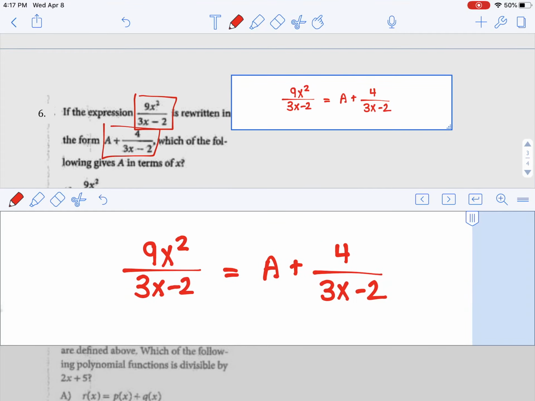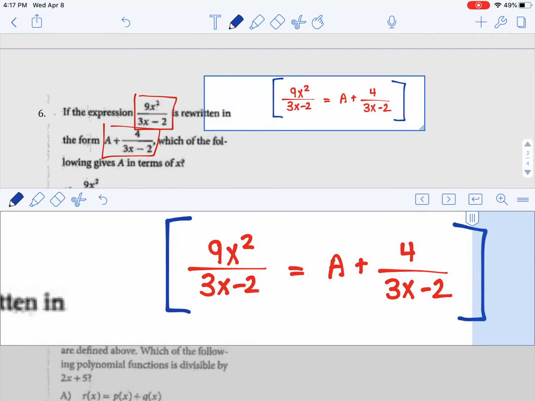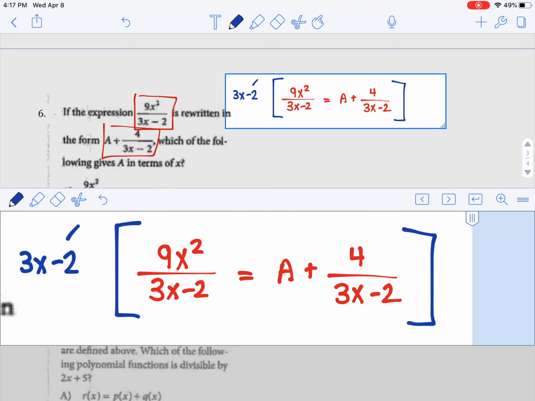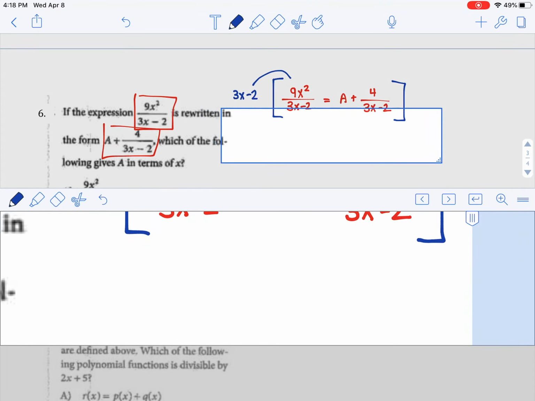All right, now whenever I have fractions, I've noticed a lot of times with the SAT problems we've tried to clear the denominator. So I'm going to get rid of 3x minus 2 on the bottom by multiplying it here. If I distribute it to the first term, it's just going to cancel with the bottom, so I get 9x squared.